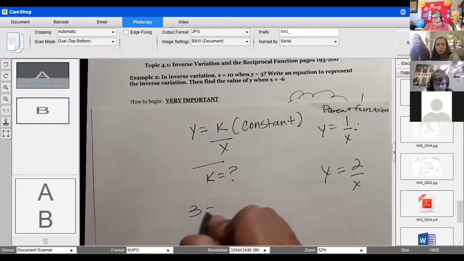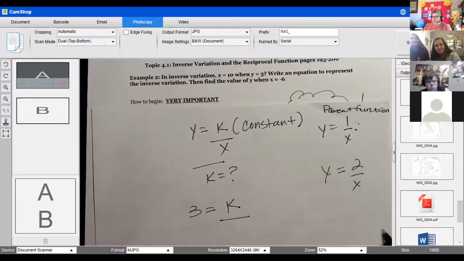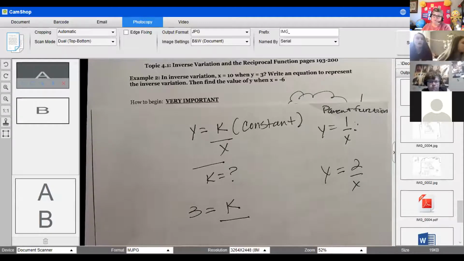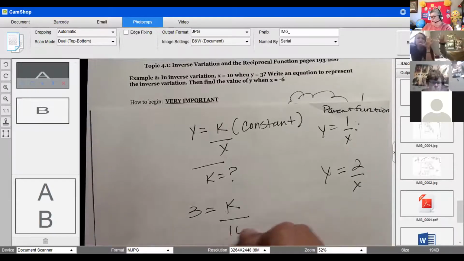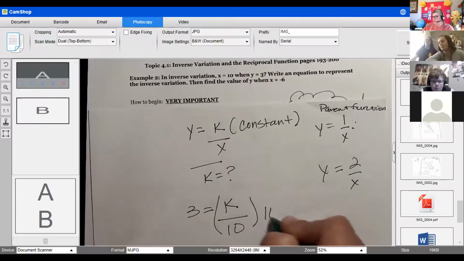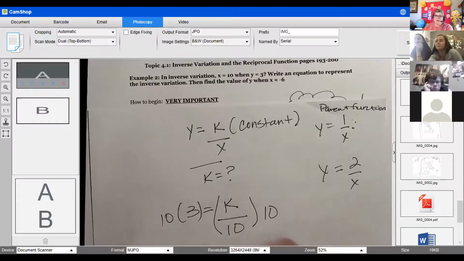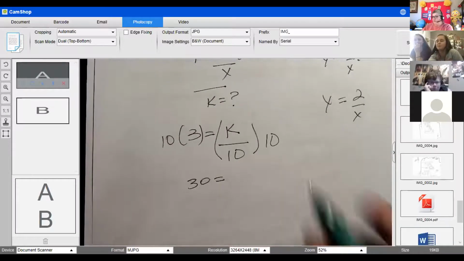So 3 is equal to k over x, and k we don't know, we're going to solve. And what is our x? 10. And so how would we solve for k from this point? Multiply 3 and 10. Yeah. So 30 is equal to our k.